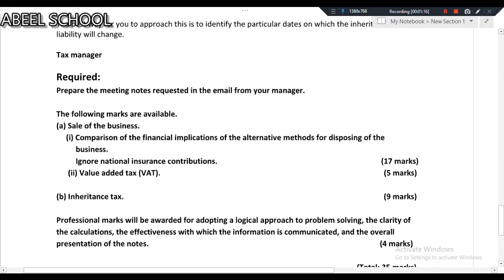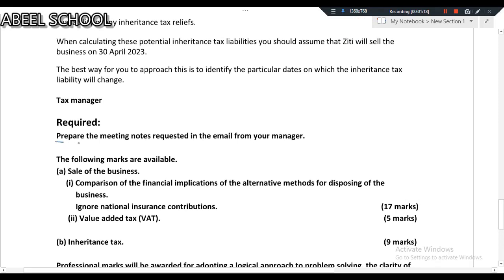It's a 35 marks question. Prepare the meeting notes requested in the email from your manager. I strongly believe everybody knows that normally you will find requirements in an email from your manager. The following marks are available: sale of the business, comparison of the financial implication of the alternative methods for disposing of the business, ignore NIC contribution, which gives you 17 marks, and no need to go for NIC.